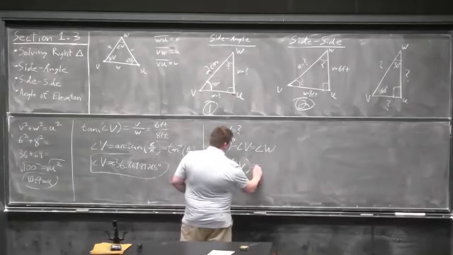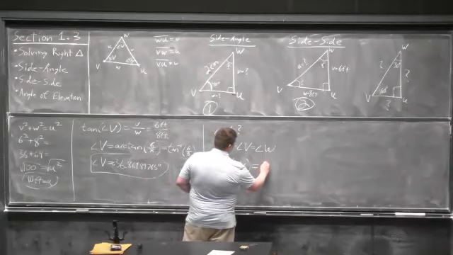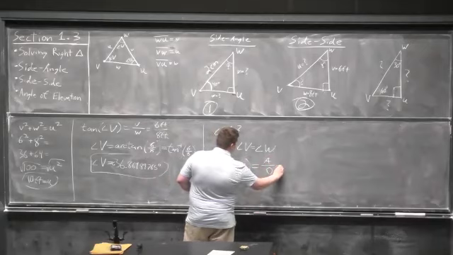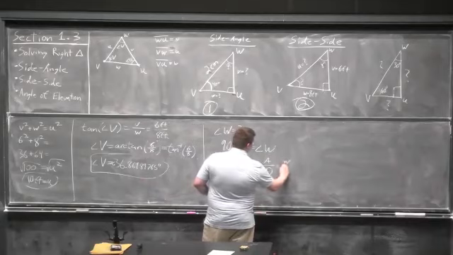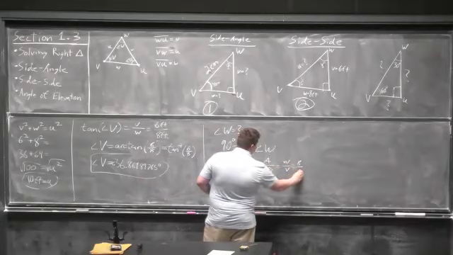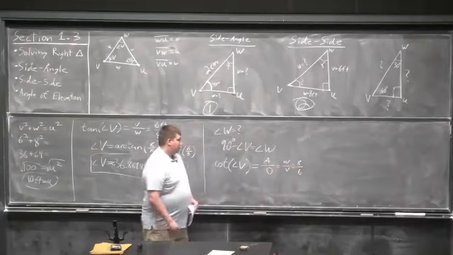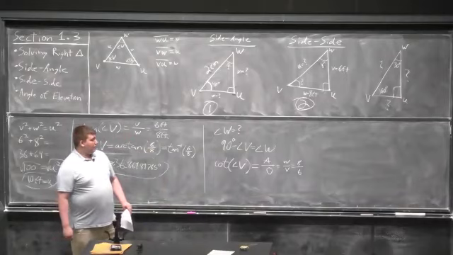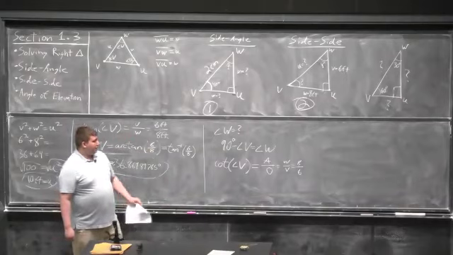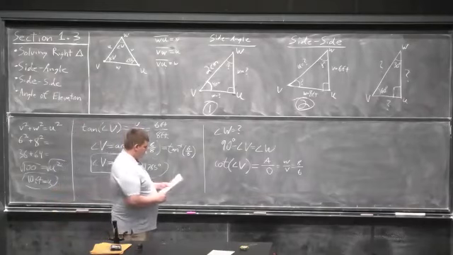Because the cotangent is the adjacent over opposite, which is our W over V. So that's 8 divided by 6. And you might look, well, I don't have a cotangent inverse. That makes sense.